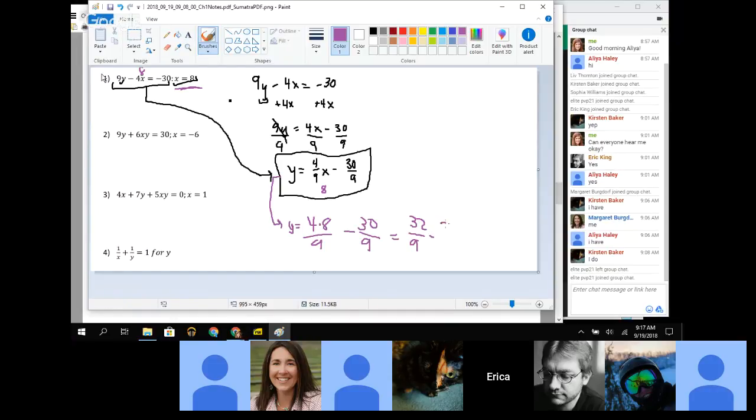Does anybody know what that is? Remember, if the denominators are the same, you just subtract the numerators. So it's 32 minus 30, which is 2. And the denominator stays the same, which is 9. So when x equals 8, y equals 2/9.